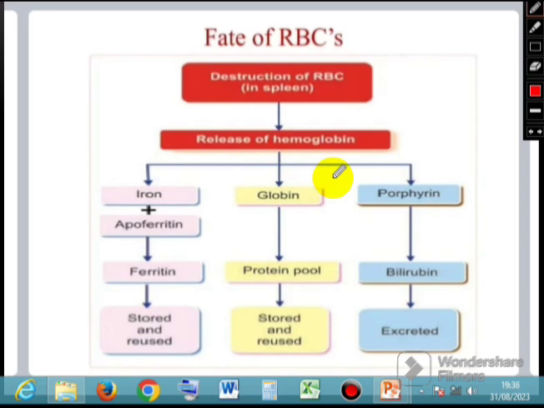You know, after production of red blood cells, that is erythropoiesis, we also have degradation of red blood cells. So we are going to do all of that in this class because there are so many reactions.